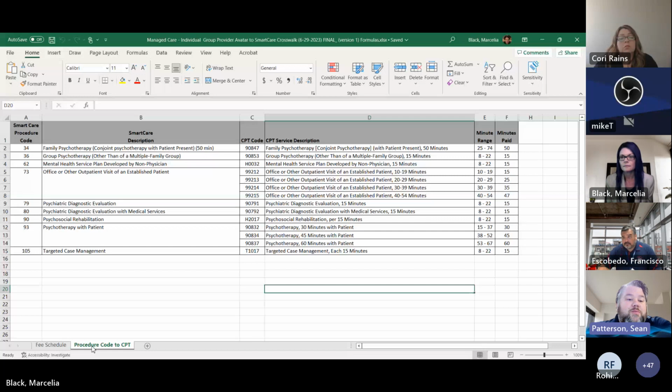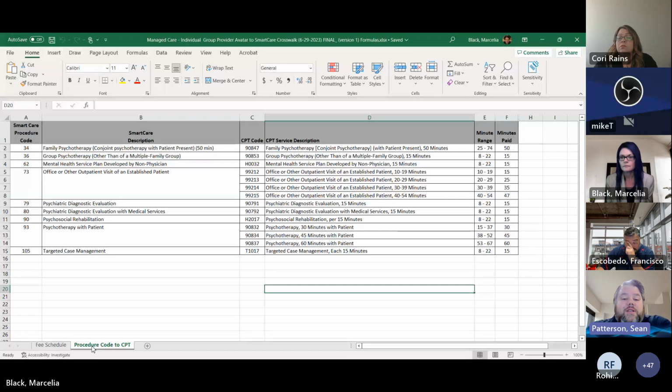Remember, you're going to give us those SmartCare procedure codes. If you just look at the first one, for example, it's a 50-minute procedure code. So 1 unit is 50 minutes. If you put anywhere between 25 and 74 minutes, that equals 1 50-minute procedure code whole unit.